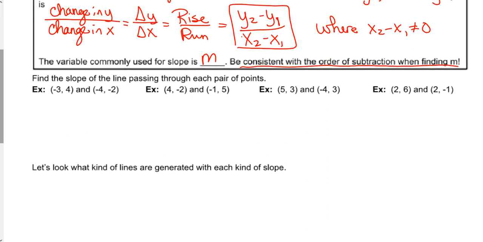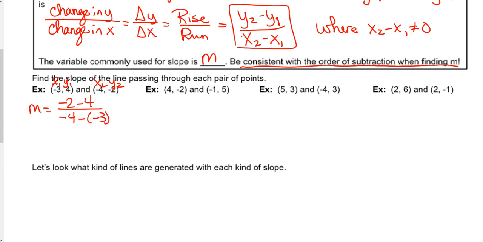Here we have 4 problems with points, and we're asked to find the slope of the line through those pairs of points. So again, we're going to use this formula, y2 minus y1 over x2 minus x1. You could call this x1, y1, and this x2, y2. So we're going to take this y value minus that y value, so negative 2 minus 4, all over this x value minus this x value, which is negative 4 minus a negative 3.